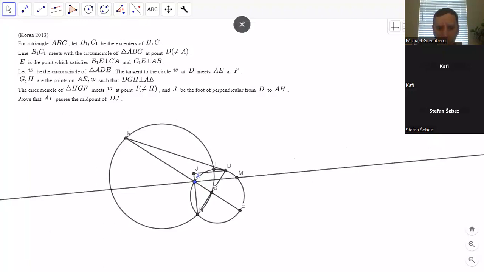So it's the same as saying that F, I, and M are collinear, because that would show that it's harmonic. And is that obvious? We want to show F, I, and M are collinear.